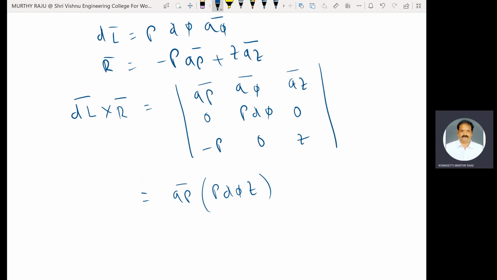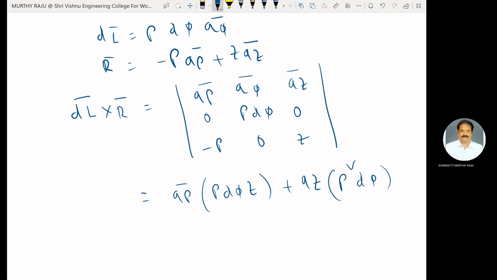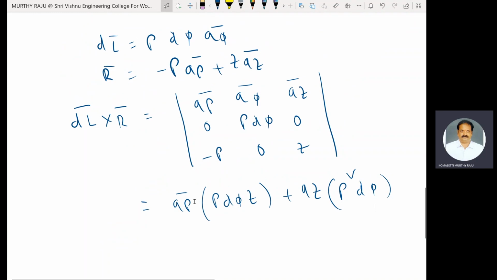Plus a z into 0 into 0 minus minus rho into rho d phi, which gives plus rho square d phi into a z. This is the DL bar cross R bar.